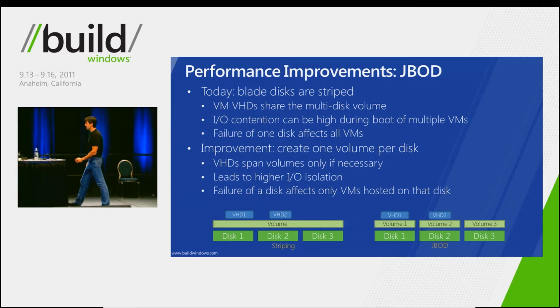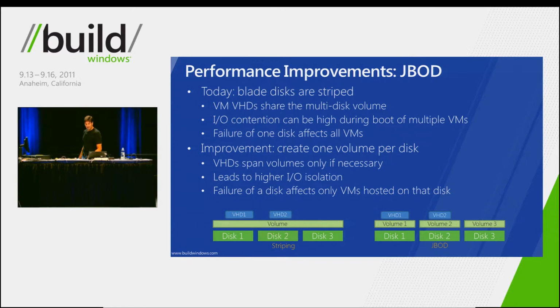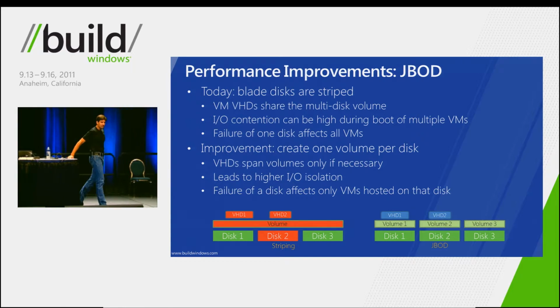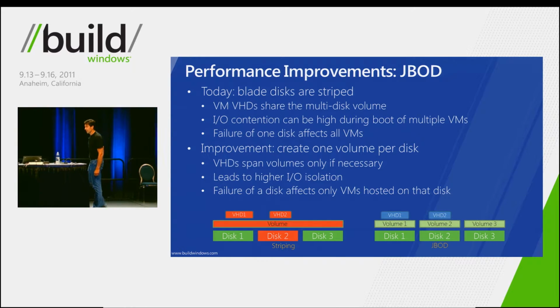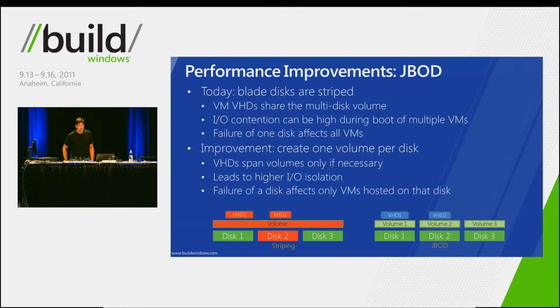The second is, if you get a failure of one of these disks, you've just lost the whole volume, and you've lost all the VMs on that blade. Disks, as I'll show you, are the number one most flaky resource in the data center. So disks are going bad all the time. What we want to do is make it so that if a single disk goes bad, not everybody's affected. We limit the damage. So we're going to start moving, in the next couple months, the clusters to use JBOD configurations of disks.